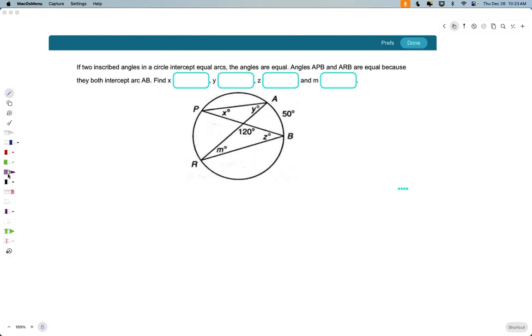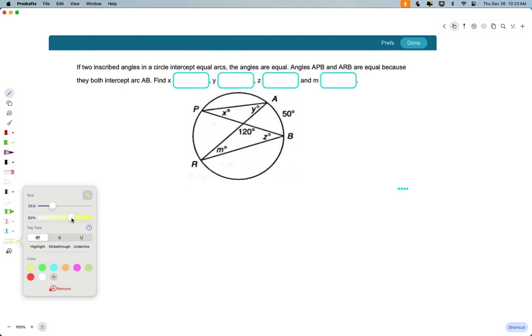I'm going to use my highlighter to show you what I'm talking about. Let me see if it'll allow me to change it or add. All right, we get a marker here. I'm going to make it really, really light so I can show you what I'm talking about.